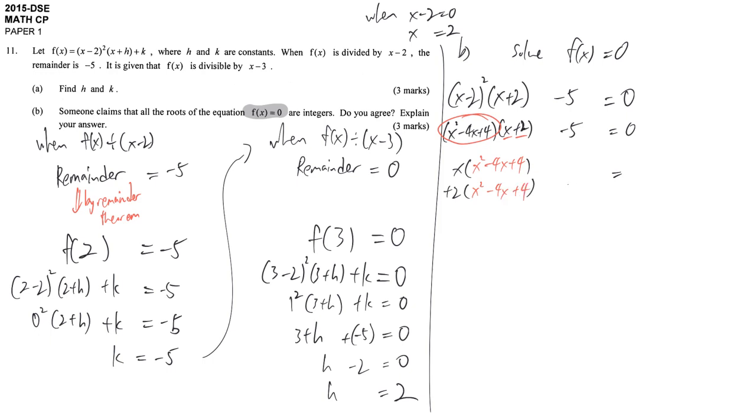And then don't forget at the back we still have minus 5. So the first row, we can just focus on every term times x. The second row, every term times 2. Then it's easy for us to find some like terms to combine them.